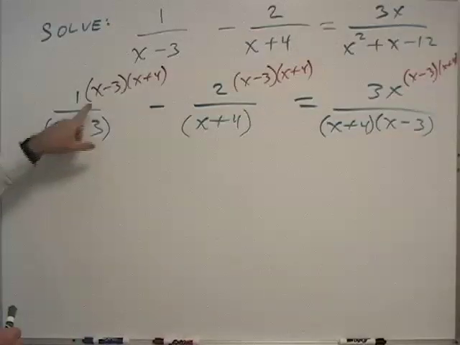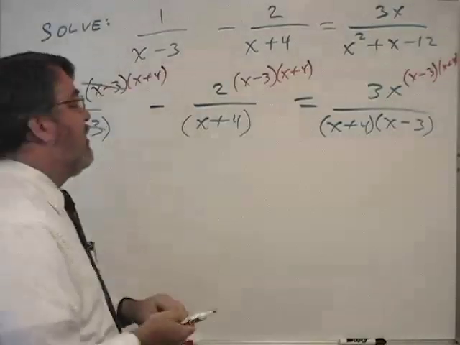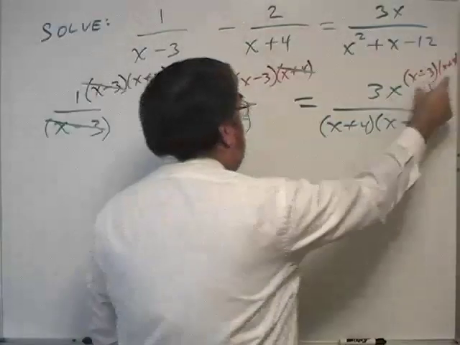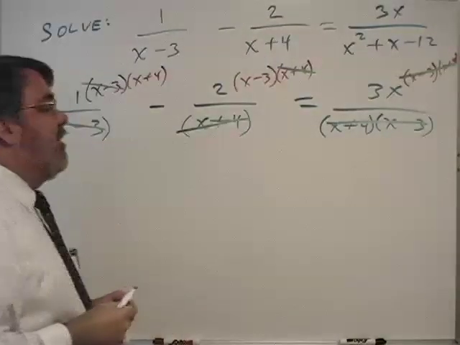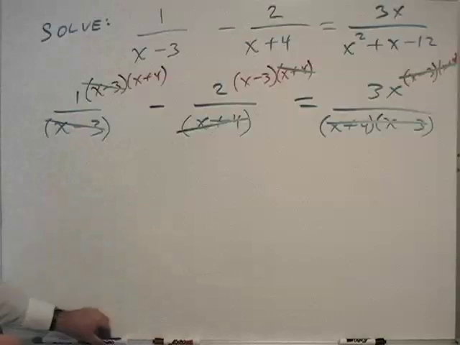Over here, the x minus 3's cancel. Here the x plus 4's cancel. And on the right term, both these factors cancel entirely. So we did manage to clear the fractions here, as we're supposed to.